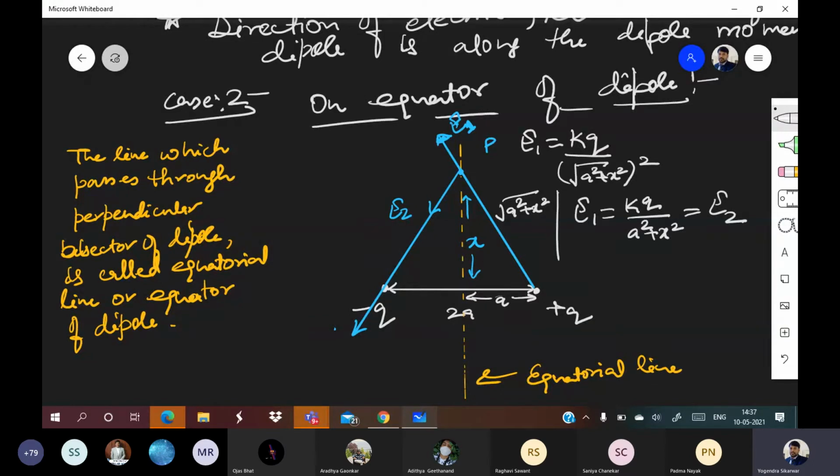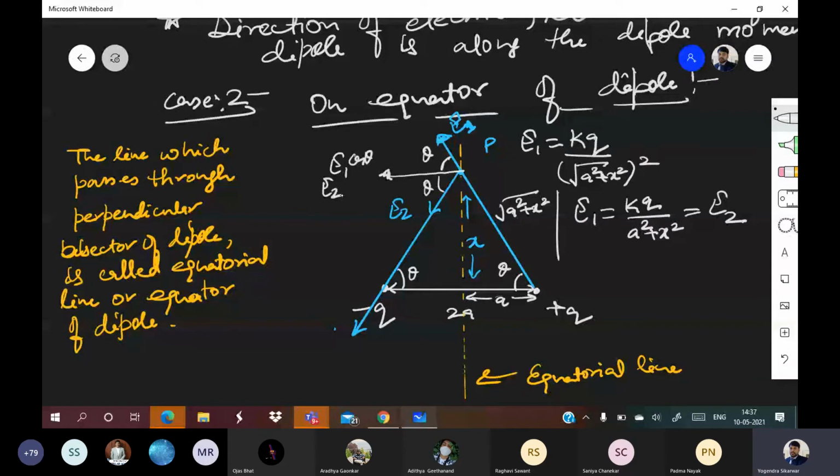Now, this angle is theta. So this will also be theta. So what you can do, you can make one component along this, and that will be E1 cos theta. Similarly for E2, this will also be theta due to symmetry.